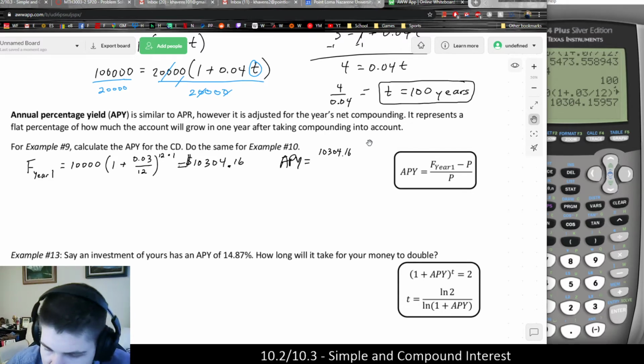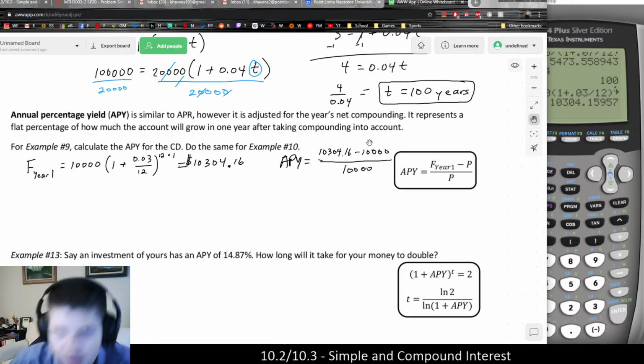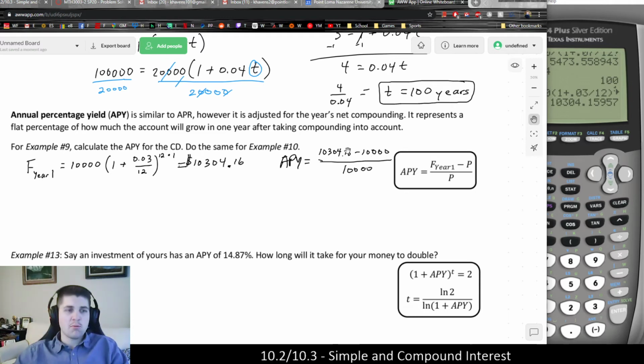The principal was just how much I started with, which was $10,000, and then I'm supposed to divide by the principal. So essentially what I'm going to get here is the difference between F minus P, which, remember what I said, is always going to be the interest.